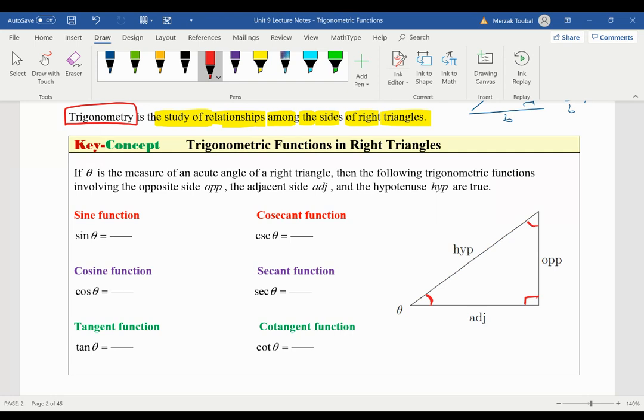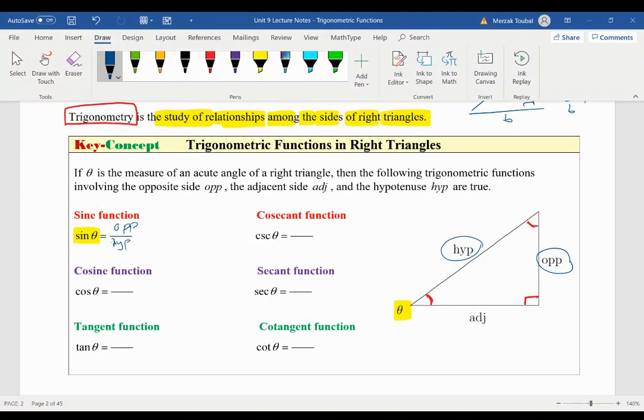What are these functions? Well, let's start with the sine function. Sine function, or sine of theta, will be equal to the opposite divided by hypotenuse. So it would be OPP over HYP, opposite over hypotenuse.